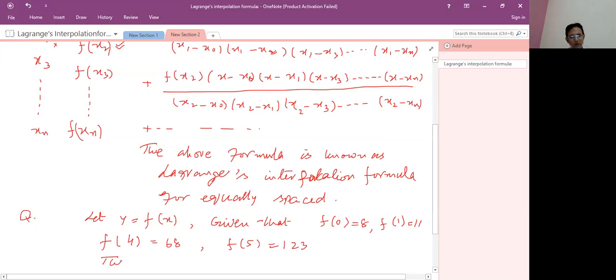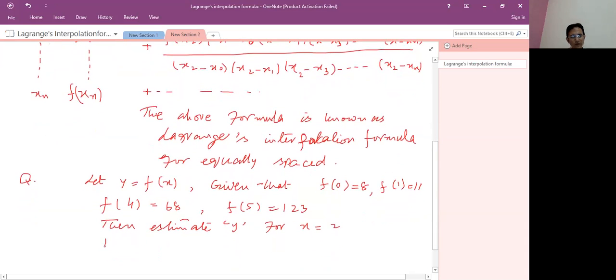Then estimate y for x is equals to 2 using Lagrange's interpolation formula.